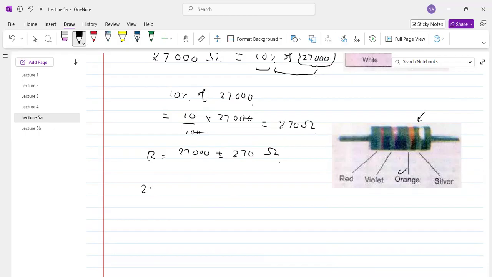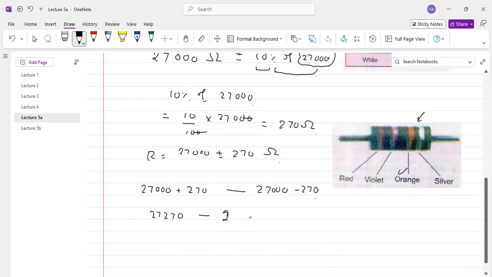This means that the resistance may lie between 27,000 plus 2,700 and 27,000 minus 2,700. So 29,700 to, we will subtract, it will be 24,300.